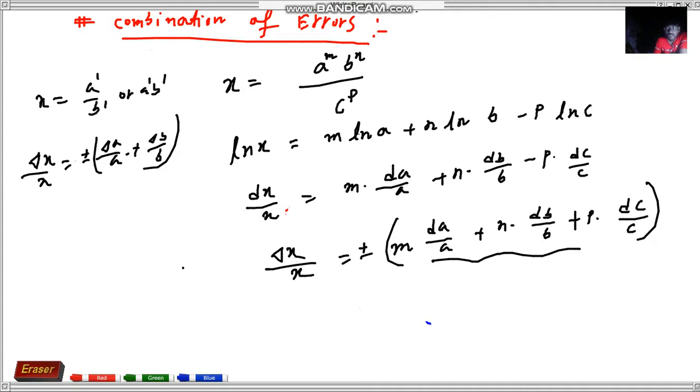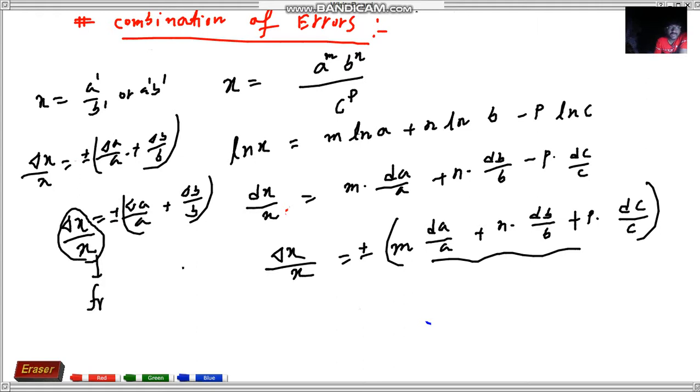One thing, I think I made a mistake before. I think I wrote delta x is equal to delta a by a plus delta b by b previously. It should not be that. It will be delta x over x. This is actually the fractional error.